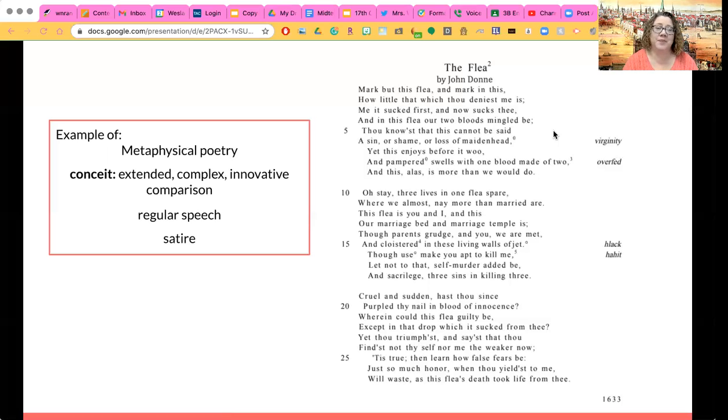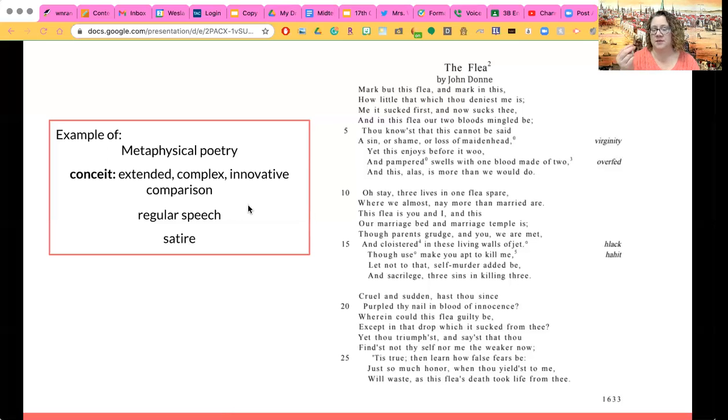So the flea is kind of a surprising poem. You wouldn't think that these proper old poets wrote about stuff like trying to get women to have sex with them. But the way that this poem goes about it is what we call metaphysical poetry. It's the idea that there is a conceit being used, that is an extended metaphor.